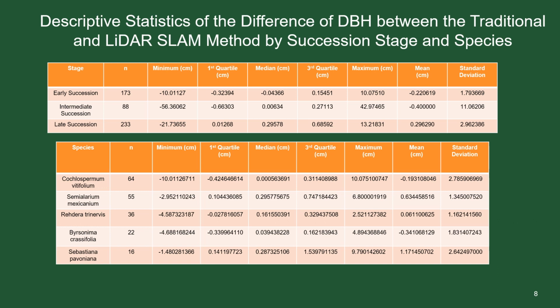And then I took the 5 most common species in our plots and took a look at those DBHs, and once again they are generally quite reliable, with an outlier for Cochleospermum vitifolium and Sebastiana pavoniana, which each have a difference of 10 centimeters and 9 centimeters at some point.